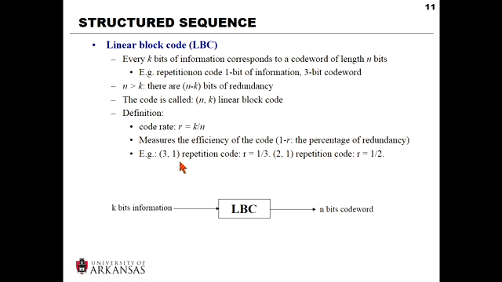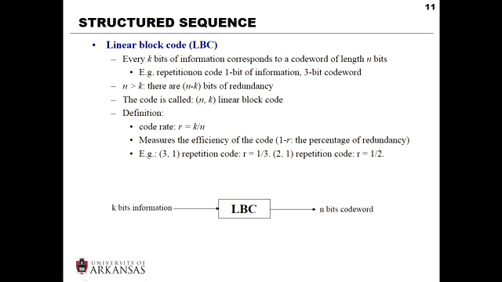For example, for the 3-1 repetition code, R equals 1 over 3, and the redundancy is 2 over 3, so it's 66.7%. And for the 2-1 repetition code, the rate is a half, and the redundancy is a half. So we have 50% of redundancy.